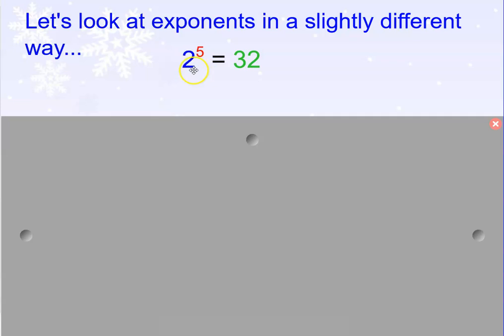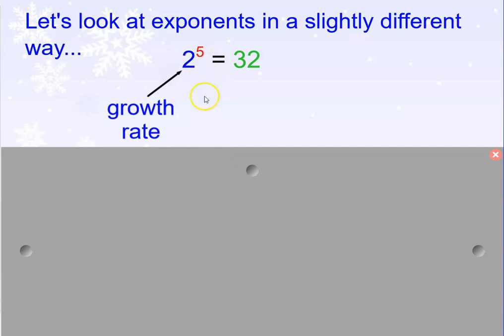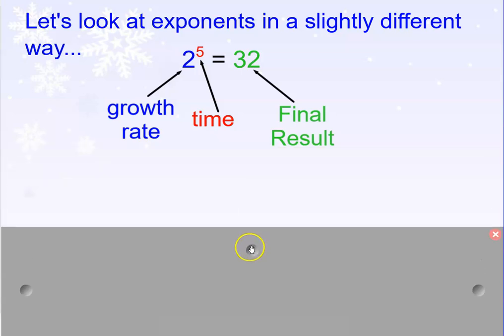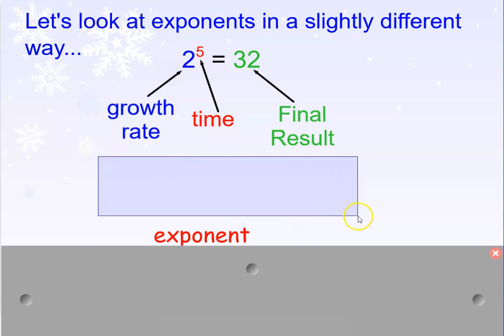In Algebra 1, you probably talked about this base number of 2 as the growth rate, and this 5 as time, the number of times you have that growth rate occur. And then this 32 is the end result, the final result. And so, up to now, your whole focus has been on what is that final result?